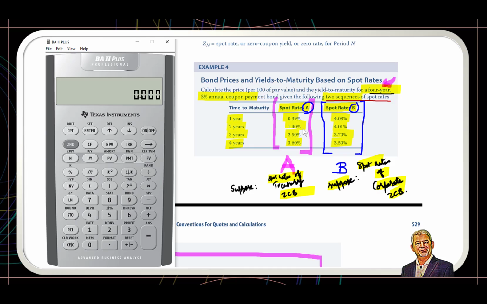Now we have to discount the second cash flow of $3, and that is 3 future value, 2 is N, and for second year the spot rate is 1.40, so 1.4 goes into IY, and then compute present value, and the present value of second coupon is 2.918.